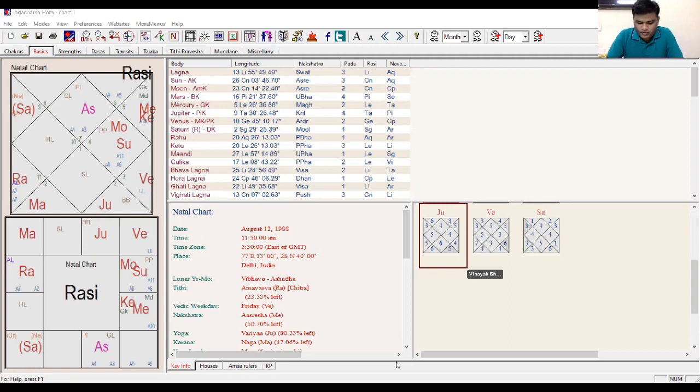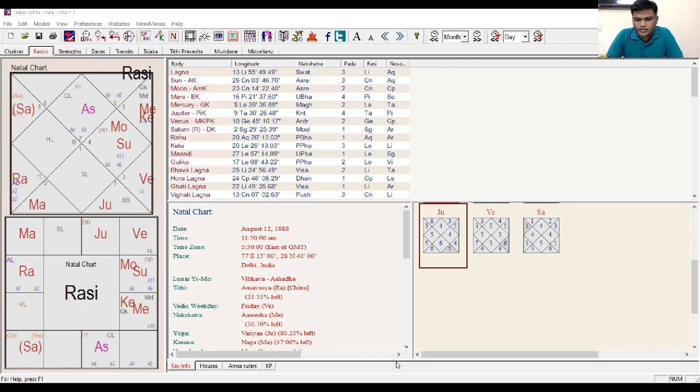So we are more concerned about the Aries, Leo, and Sagittarius sign. Aries sign means 7th house, Leo means 11th house, Sagittarius Dhanu Rashi means 3rd house. So in this Ashtak Varga, you can see Aries sign is having 6 points, Leo is having 5 points, and Sagittarius is having 3 points.